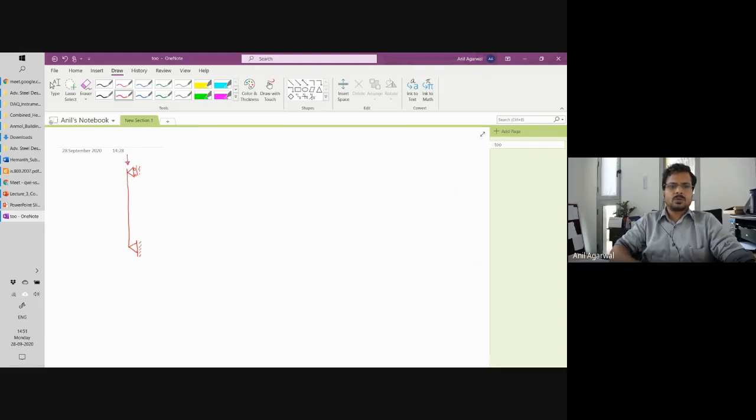So if I have this load N acting on this column, this column could be a straight column, or it could be an imperfect column. So let's say the column is an imperfect column. There is some level of imperfection in this column. And how much is the imperfection? Let's quantify that.